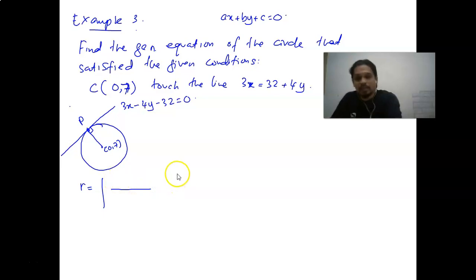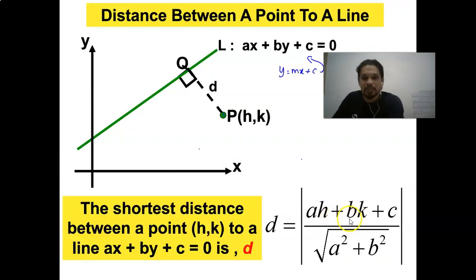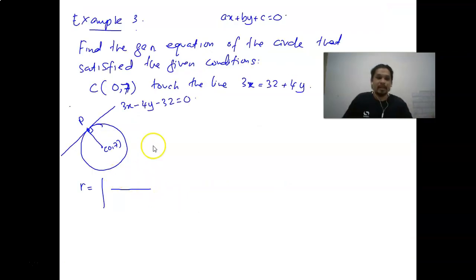What is the formula given just now? |Ah plus Bk plus C|, which means that A equals 3, B equals negative 4, C equals negative 32, h equals 0, and k equals 7.